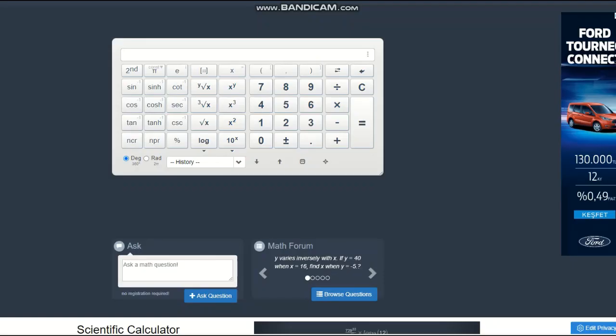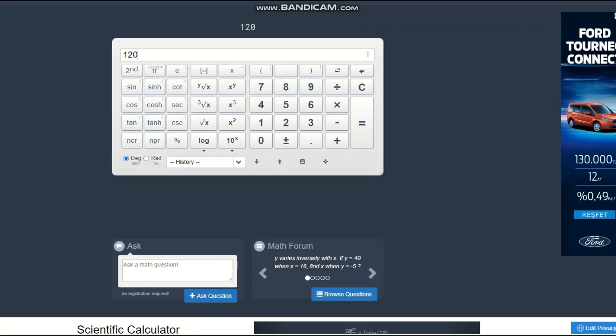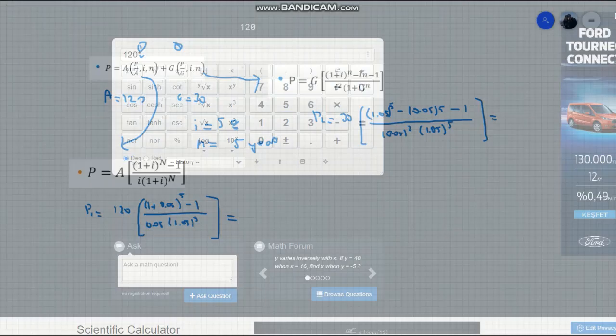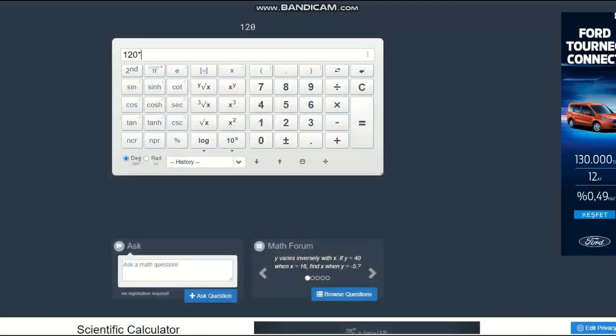Okay, let's continue with the calculations. For P1 it is 120 multiplied by 1.05 to the power of 5.